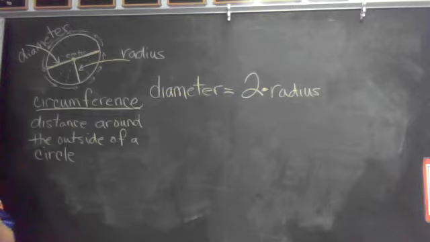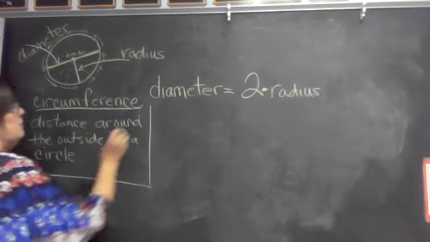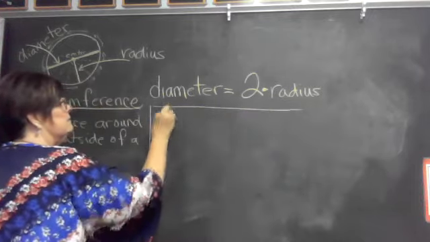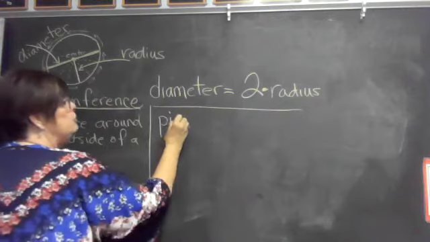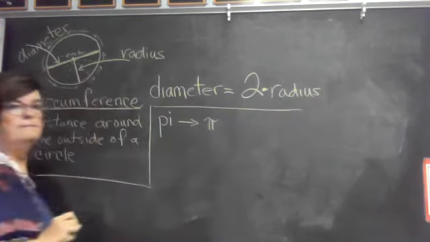You will always use this number when you're working with curves, like ovals and circles. Pi. That's exactly right. We're going to be working with a special number called pi. You will see it like this, pi.